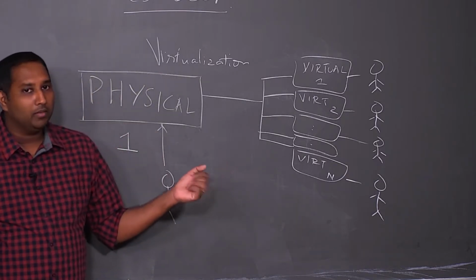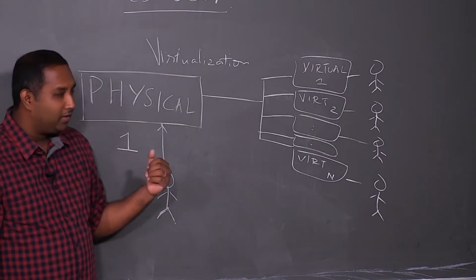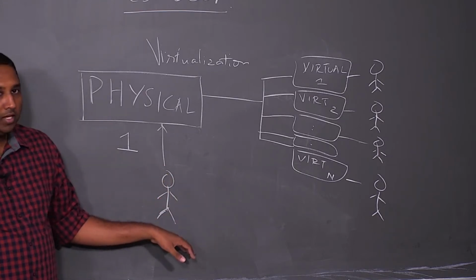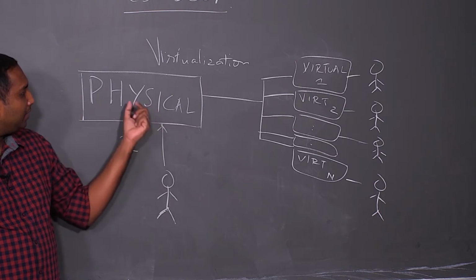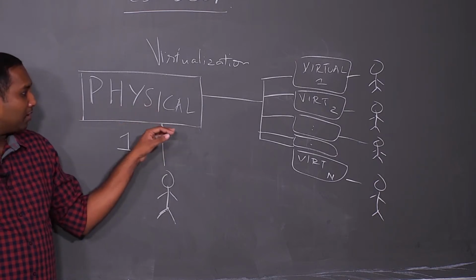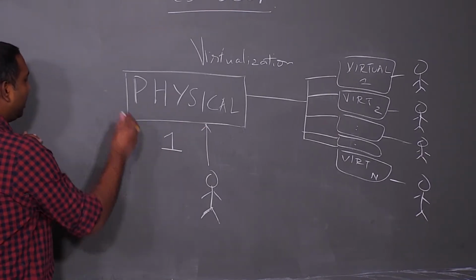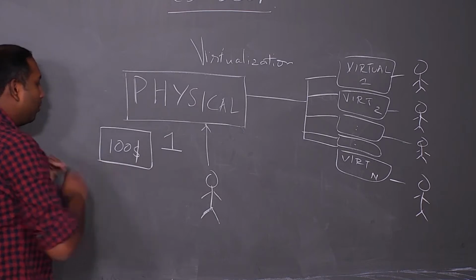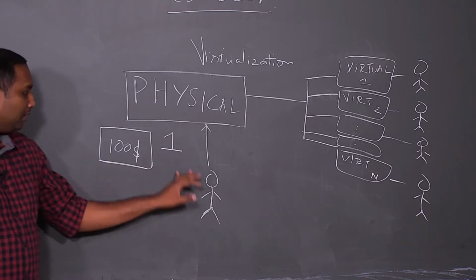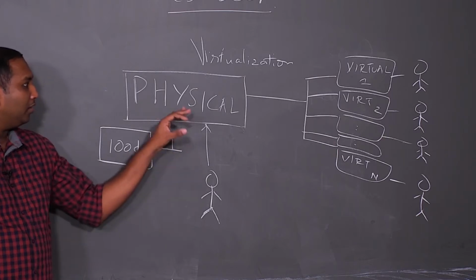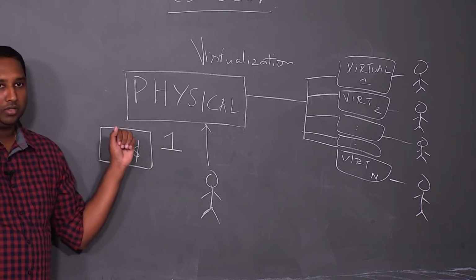So that's one benefit. And the second benefit is it could be the case that, for example, this single user has to pay for the entire cost of the physical resource, right? So even if it was a computer, let's say that in order to rent it for an hour, you had to pay $100. So a single physical user pays $100 to rent our computer, right?